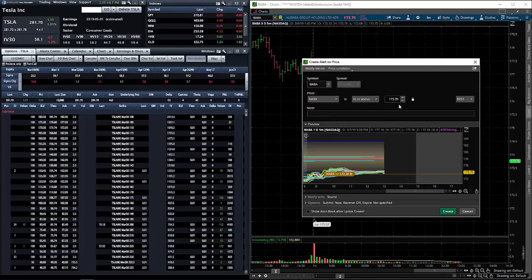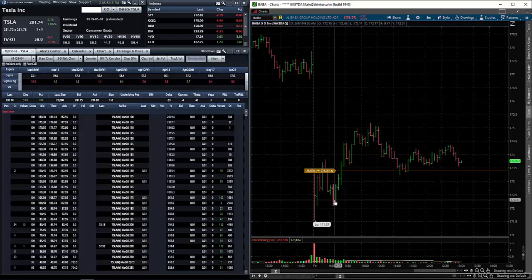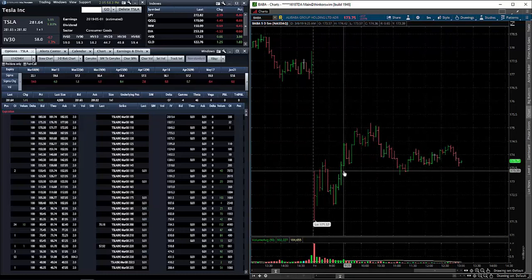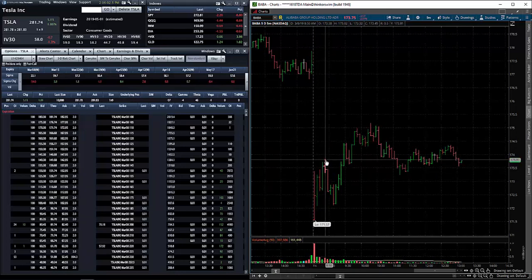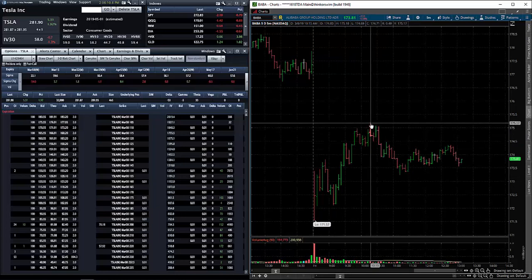If we get at or above 39, I want to know about it. Of course, we are above that, so that's why that triggered. But you may have gotten in, taken a little bit of profit, or stopped yourself out here, and then the second time we went through, it actually did fill a lot of that gap.